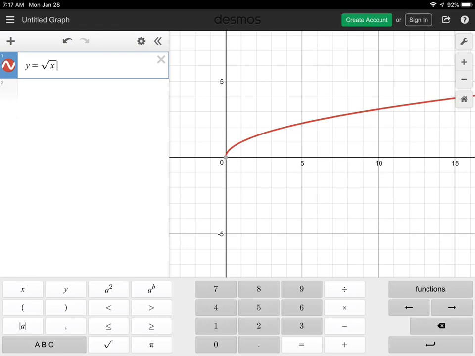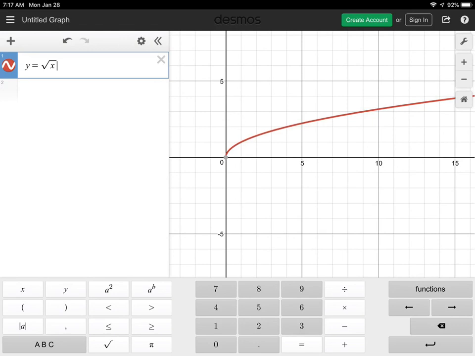Here is a graph from Desmos of our parent function y equals the square root of x. And what I do want you to notice about this is that, if you look closely, it is half of a parabola on its side. And so it has some of the same features as our quadratic parent function y equals x squared, except that it's on its side.